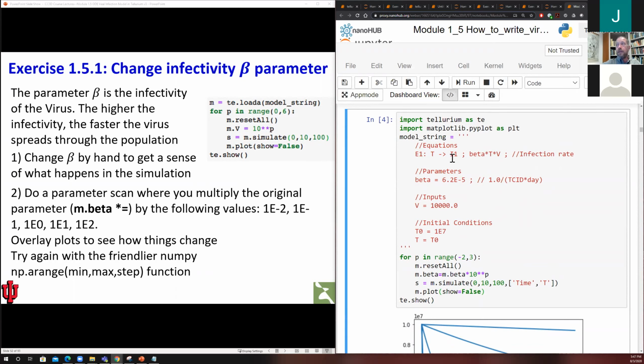Model string, definition of the model string. We're scanning P between -2 and 3. We're exponentiating to the P, multiplying the initial value of beta by that, simulating with that new value of beta, adding it to the plot with show false, and then showing the result.